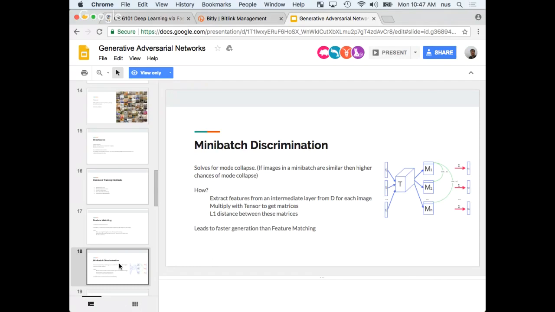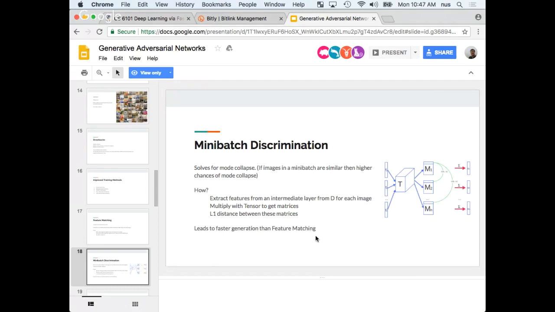For example, if it's learned to create only the digit 3, most of your images will look like 3. So what mini-batch discrimination tries to do is identify the differences in the images generated by the generator.